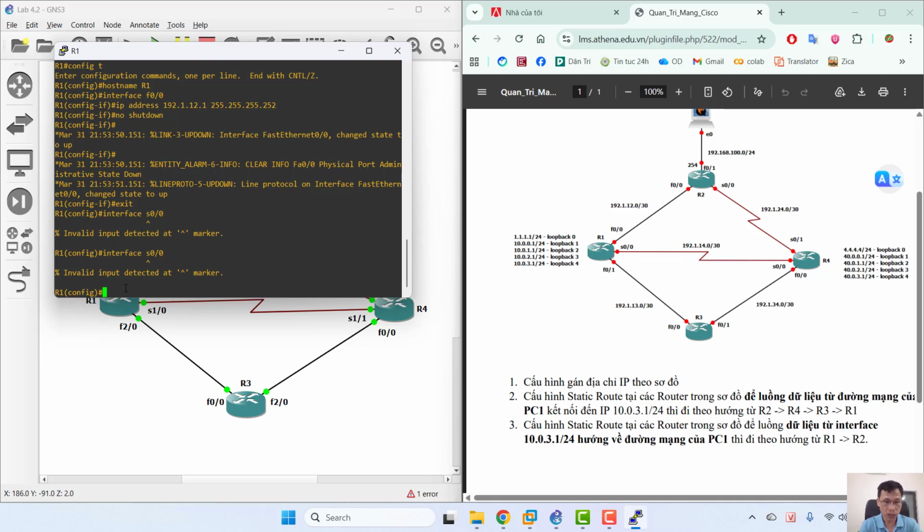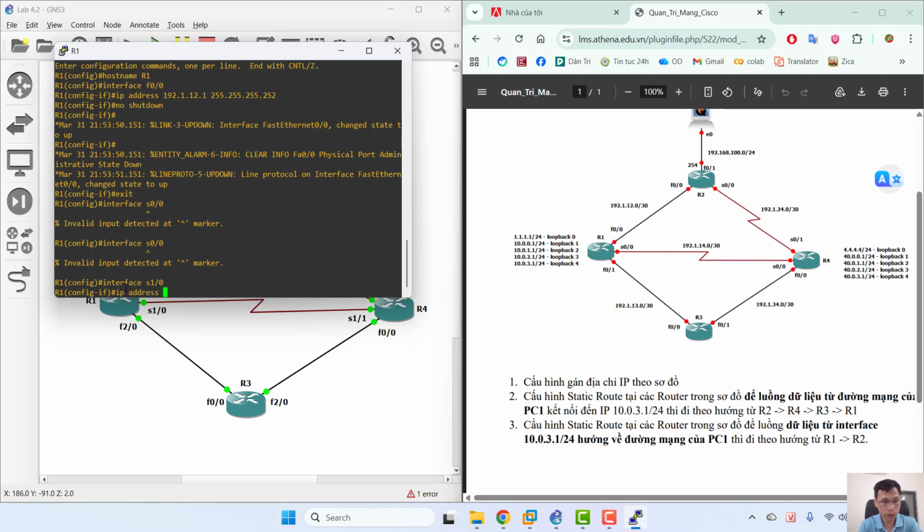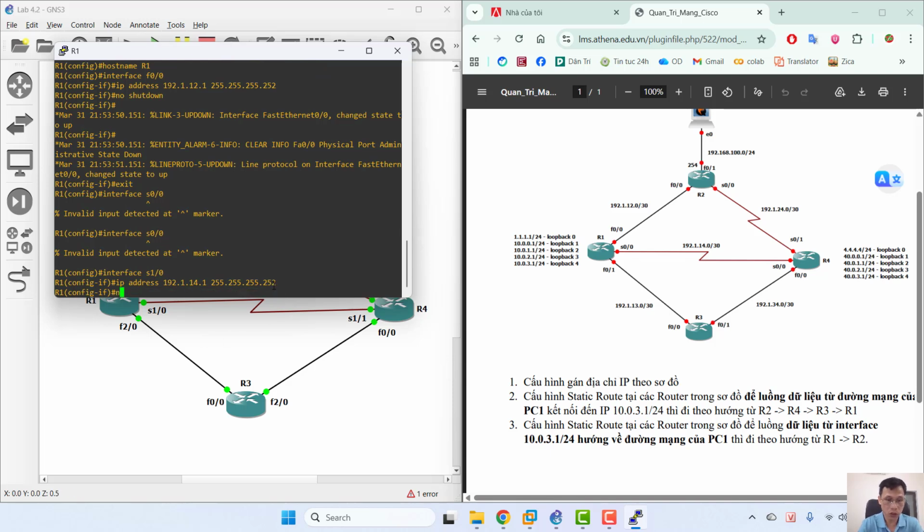In my case the interface is 1/0. IP address 1.14.1, subnet length 30, so 255.255.255.252, and enter. No shutdown.